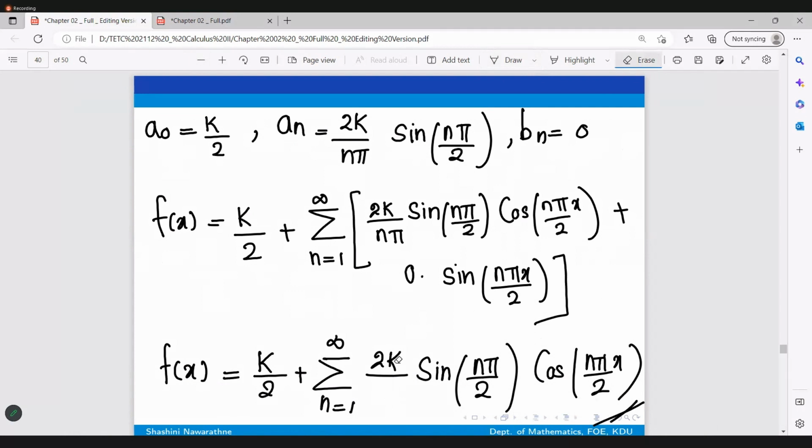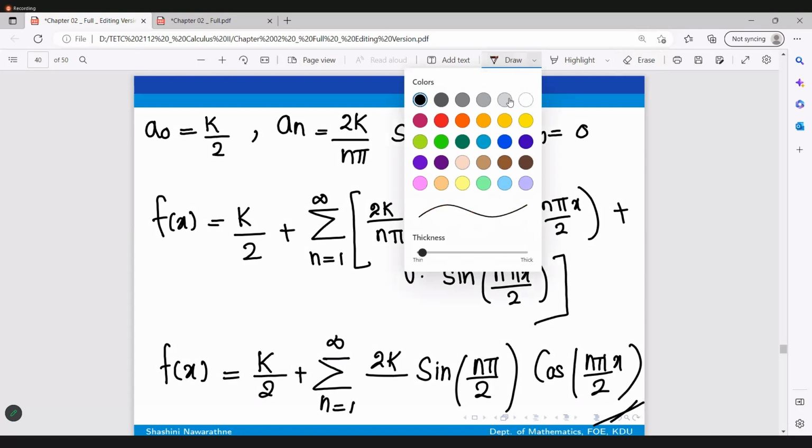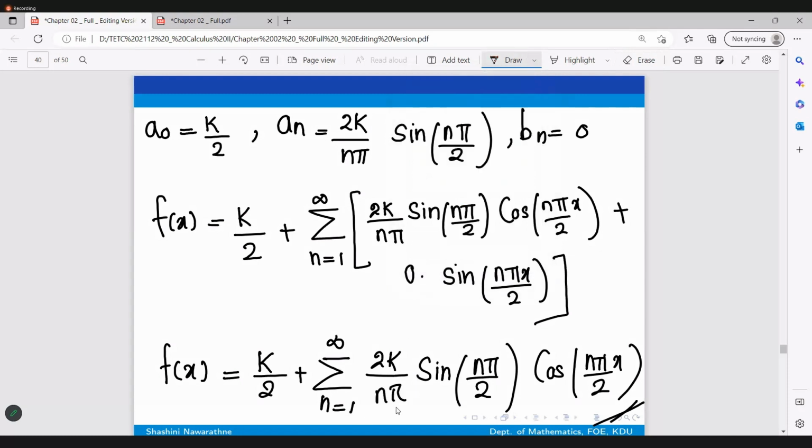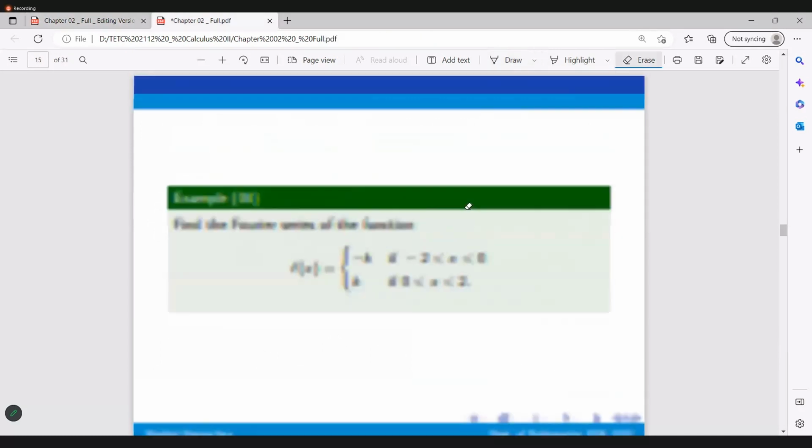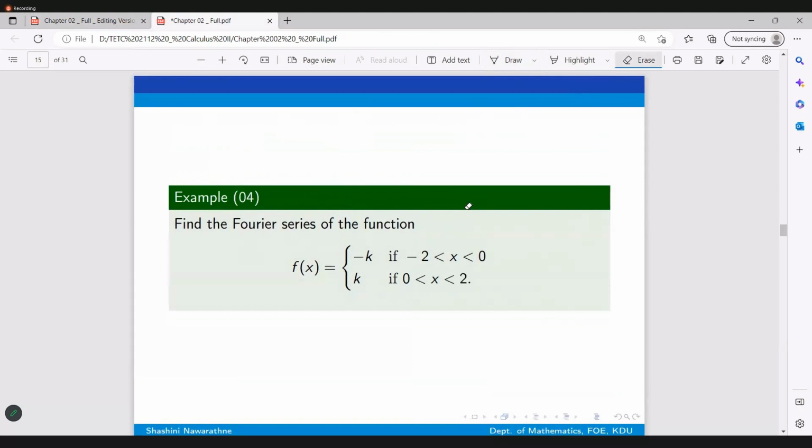This is it, 2K over N5. Okay, try to do this example number 4. First draw the graph, then identify what is the period.